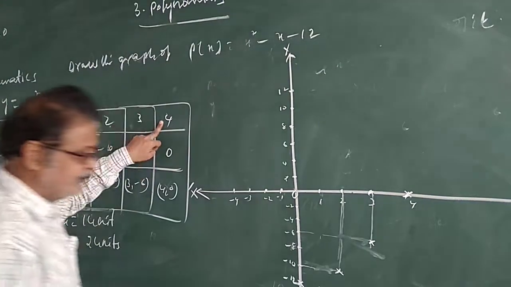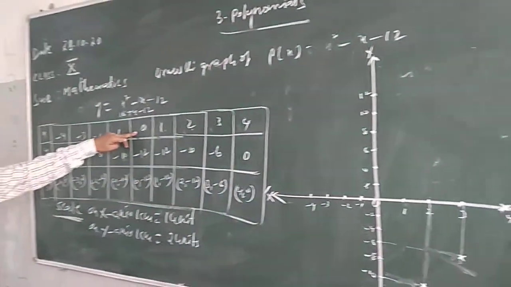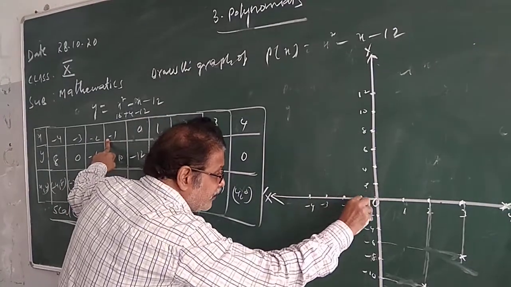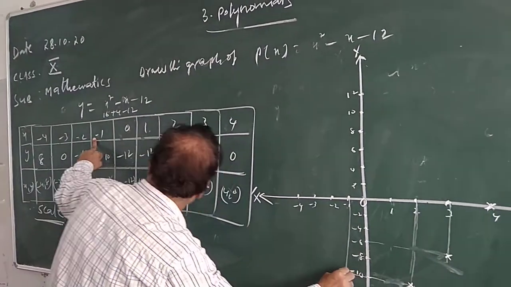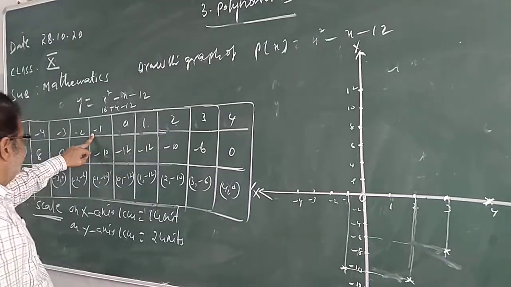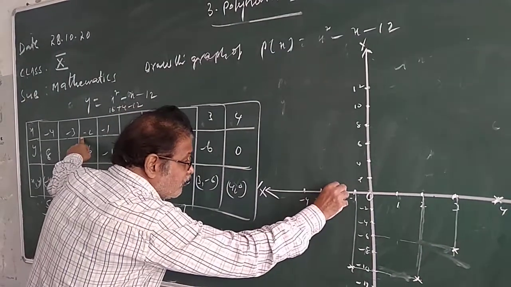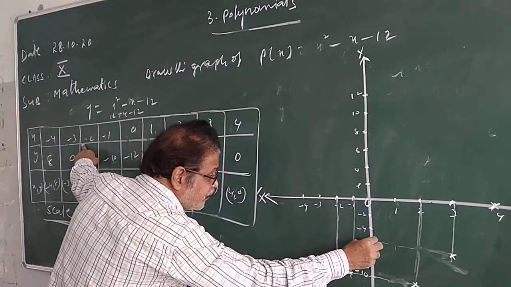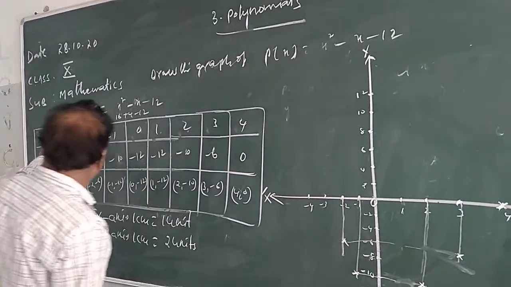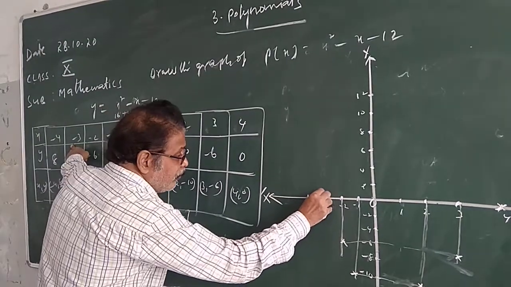Now, x is 0 over, x minus 1, y minus 10. X minus 2, y minus 6. X minus 3, 0.